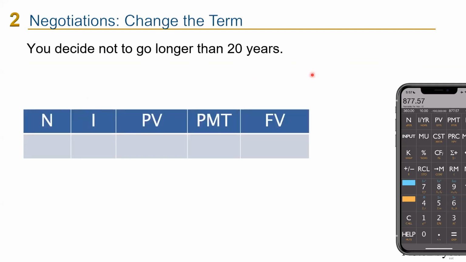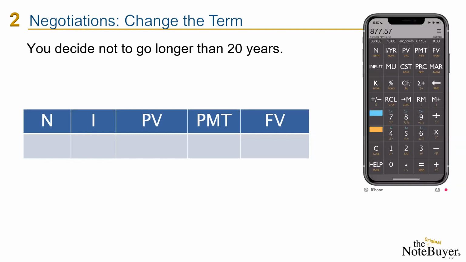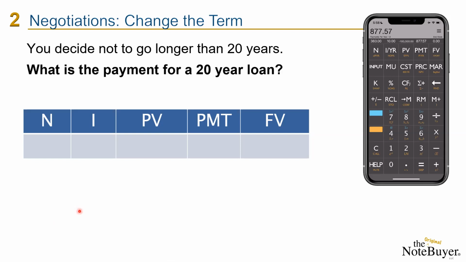Okie doke. So let's say you're working on this and you're thinking, you know what? I don't think I want to go out any longer than 20 years. What would the payment be if we change this to a 20-year loan? We already have 10% interest in there.